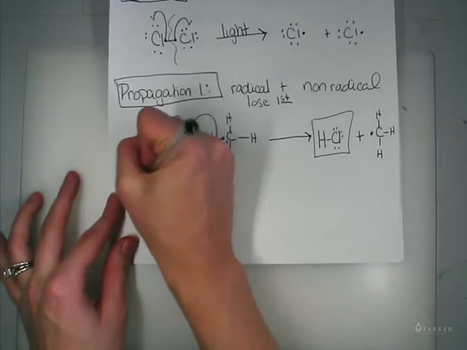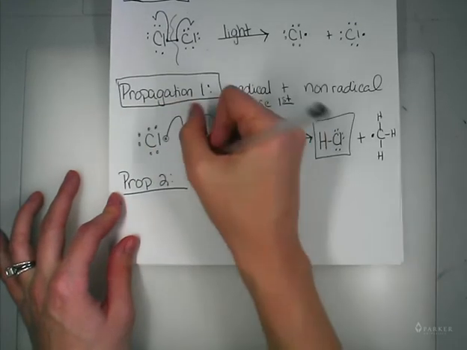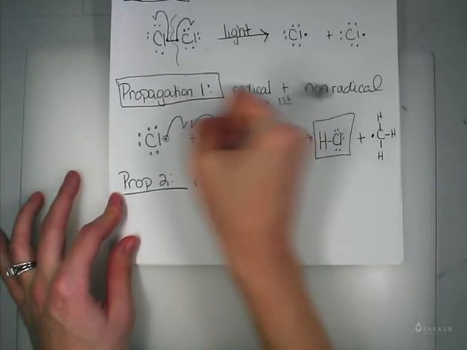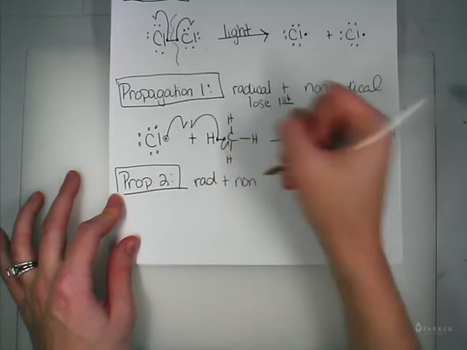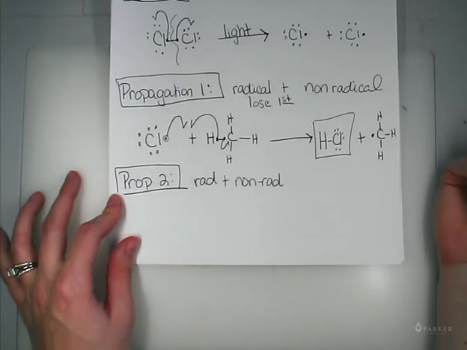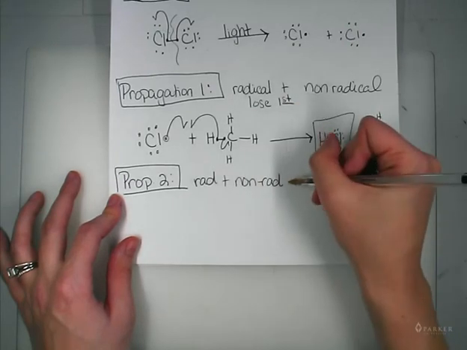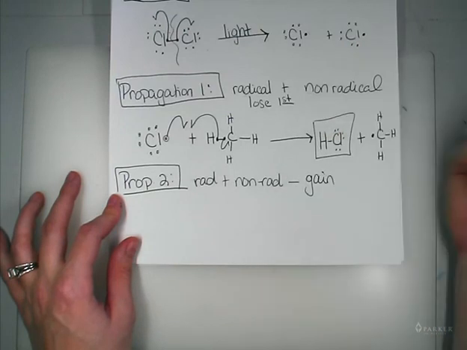Okay, so then we have propagation 2. And again, this is between a radical and a non-radical. Propagation is always between radical and non-radical. But now instead of losing, we're going to gain here.